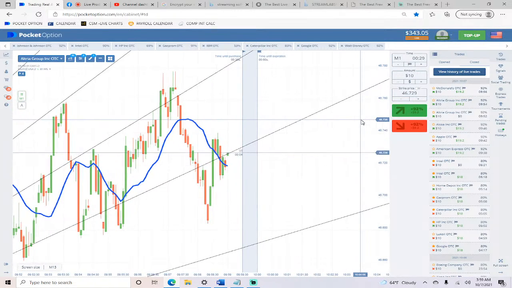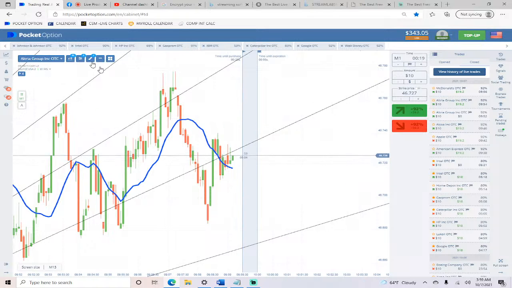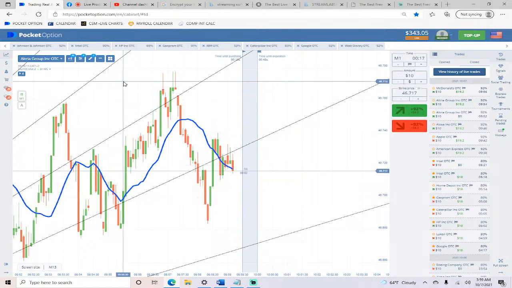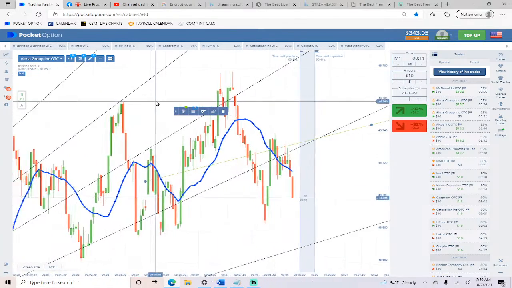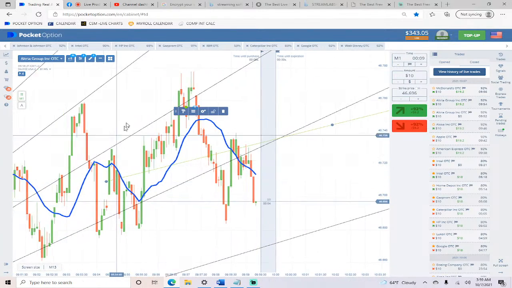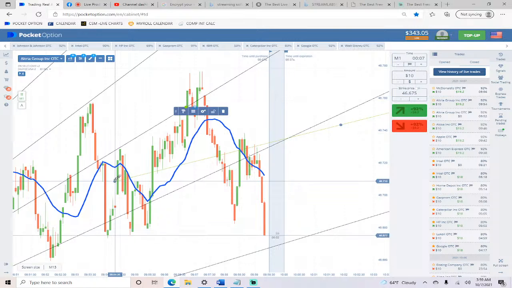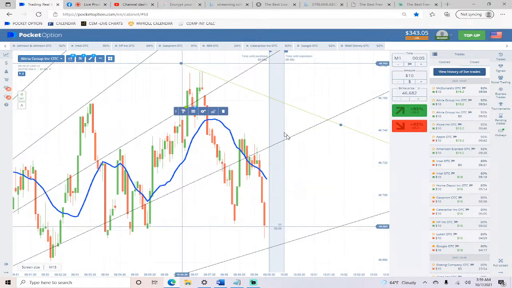Double arrows up. We have a trend line forming now. Let's test it. Downward moving trend line. So it's like angular resistance.